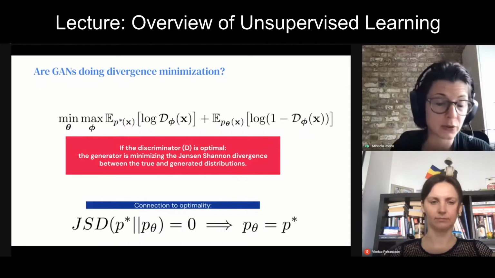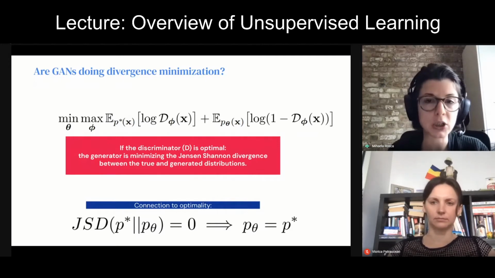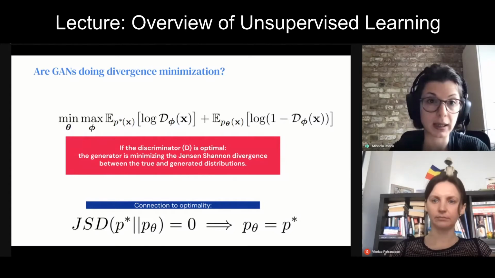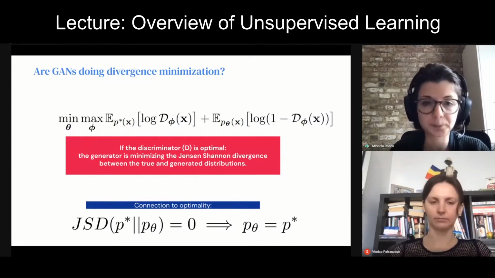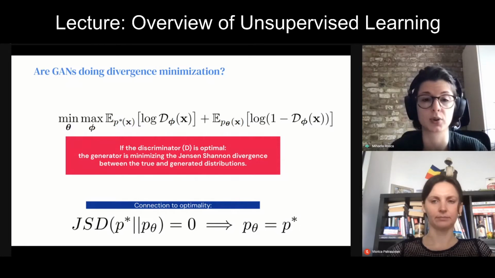So now going back to this idea of divergence minimization. Are GANs doing divergence minimization, and how is this related to the fact that we saw that optimizing the Jensen-Shannon directly is impossible in practice? Well, in the original GAN paper, the authors showed that if the discriminator is optimal, so this is a big if, and I'm going to come back to this later, but if the discriminator is optimal, so if we train a perfect classifier to distinguish between data and samples, the generator is minimizing the Jensen-Shannon divergence between the true and generated distributions.